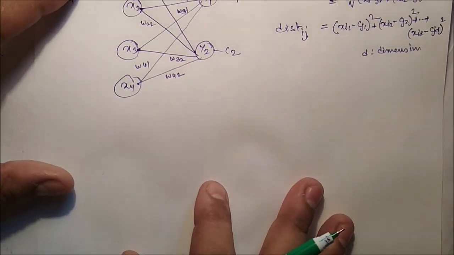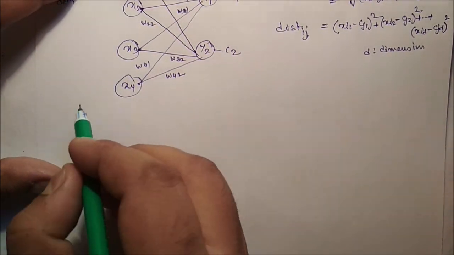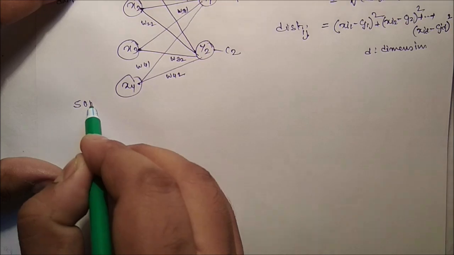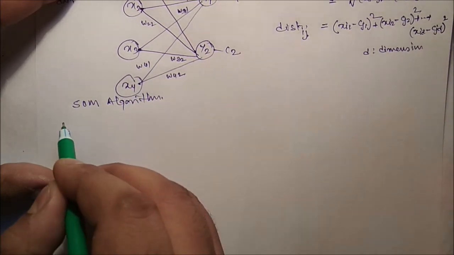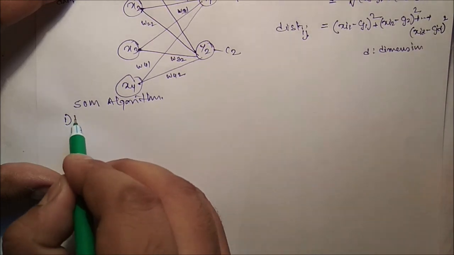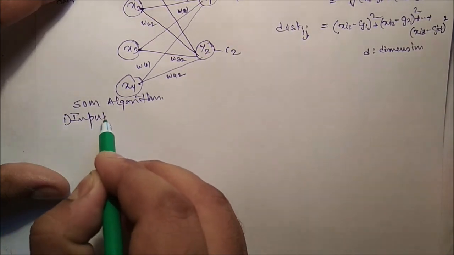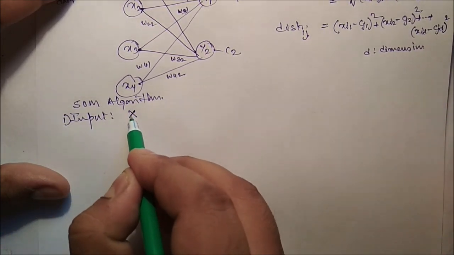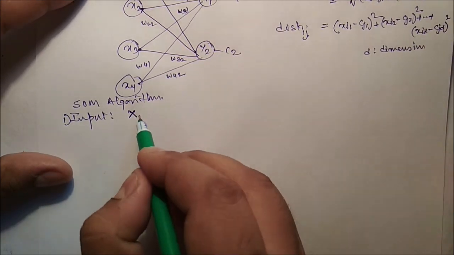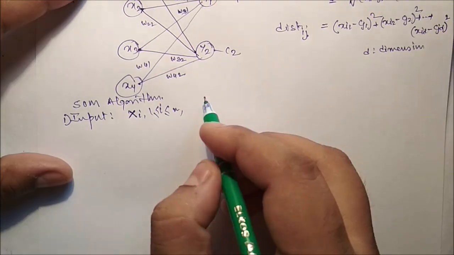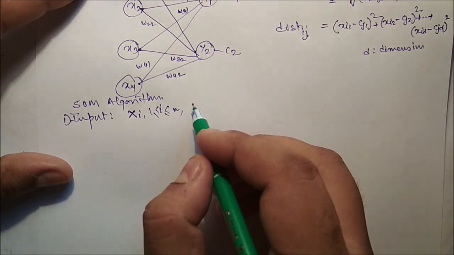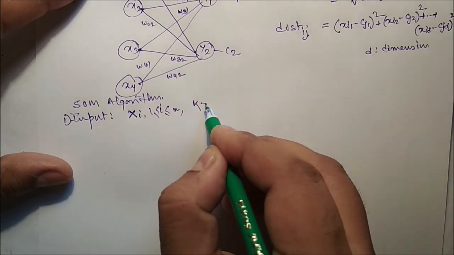Next, we will see the basic steps of the self-organizing map, so we can say the SOM algorithm. Here the input is the data x, where xi, where i varies from 1 to n, the number of data, and the number of clusters you want.